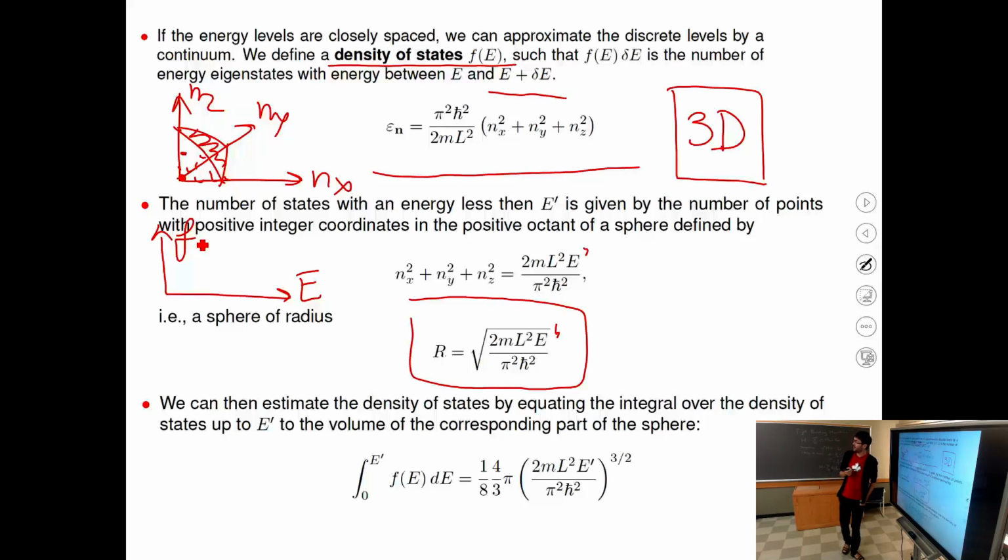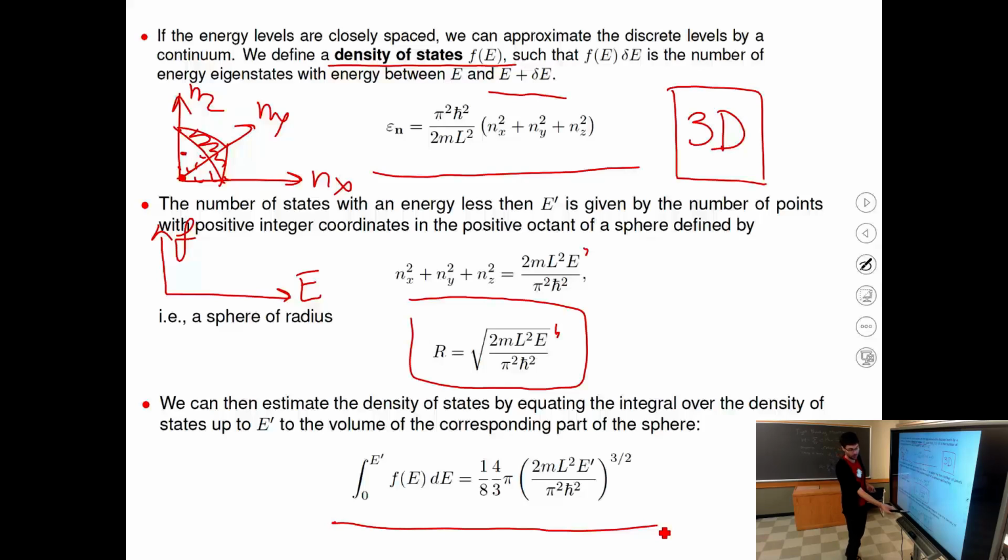How can we find this density of states? Well, this is how we can find it. If we integrate this function from 0 energy to some energy cutoff, we should get the correct total number of states. The total number of states we can count by knowing how many fermions we have occupied.